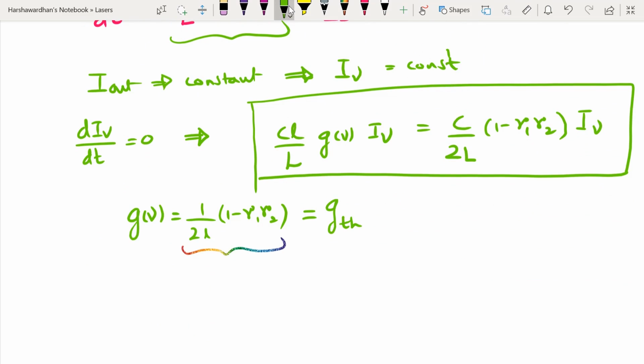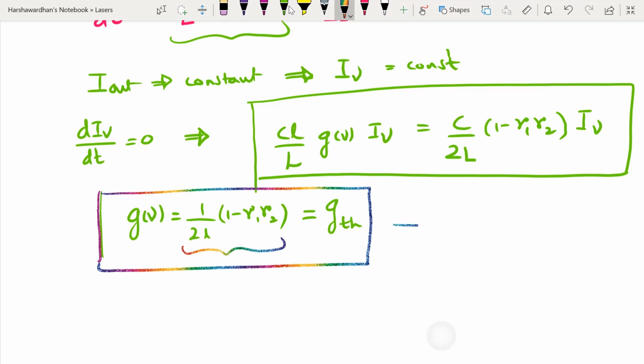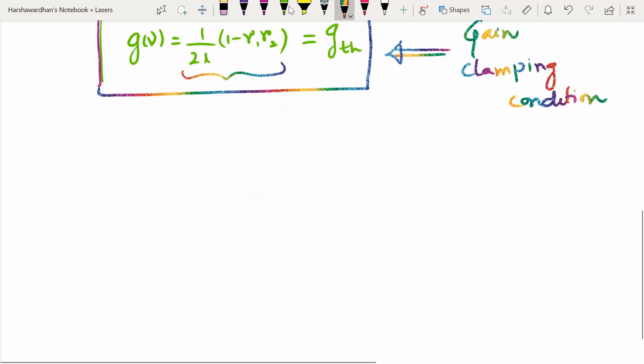So to obtain a CW oscillation or CW output from a laser, the gain needs to be clamped at the threshold value. That is an interesting consequence of simply considering these equations. This is what is called the gain clamping condition.